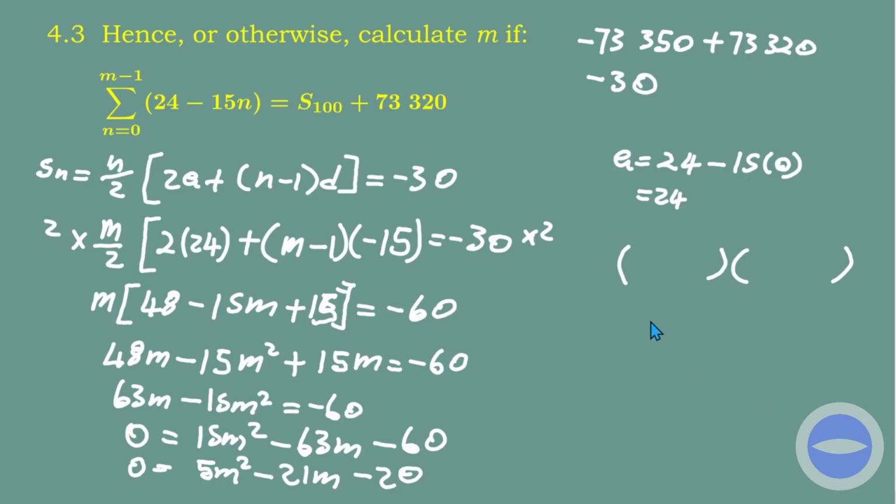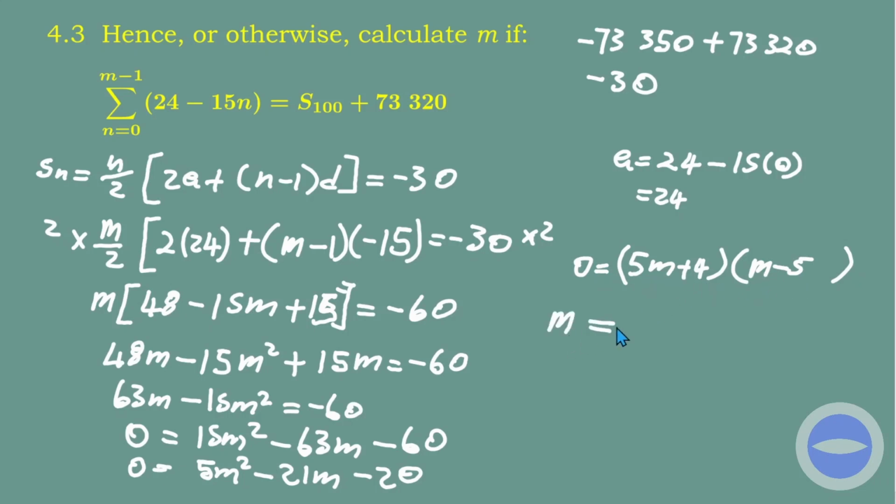So the factors are 5m plus 4 and m minus 5. These are the factors equal to 0. So these are the factors: 5m plus 4 and m minus 5.